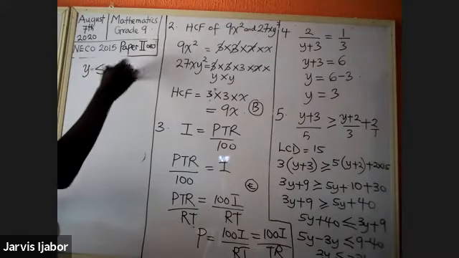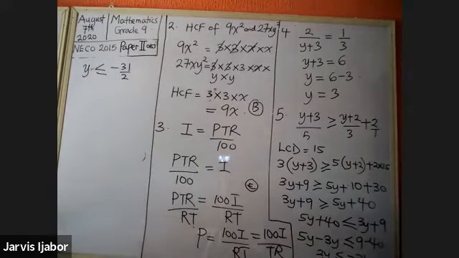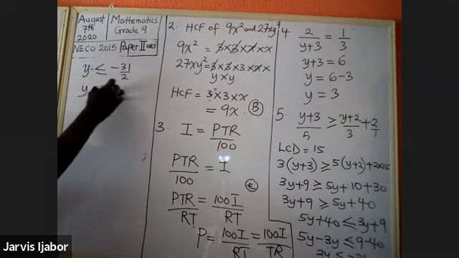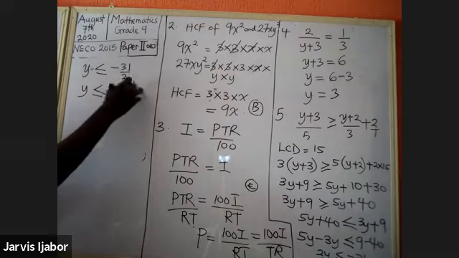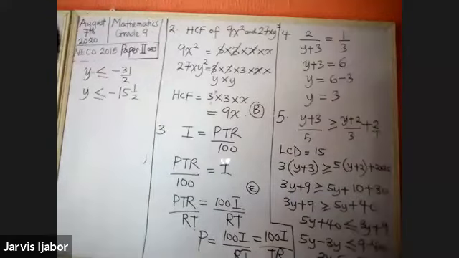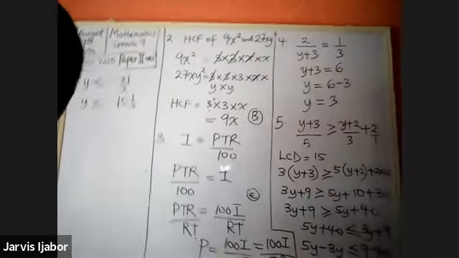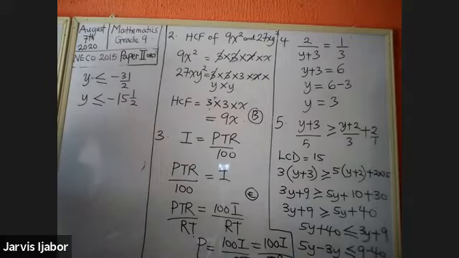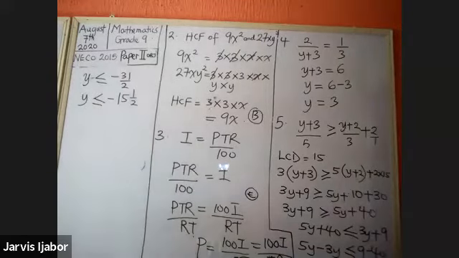Minus 31 over 2. So what is that? y will be less than negative 15 1 over 2. So that answer will be E.